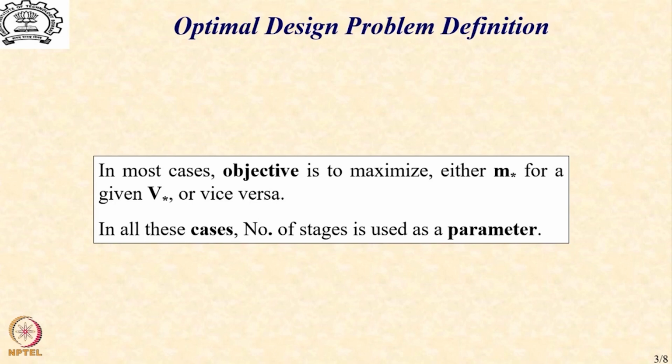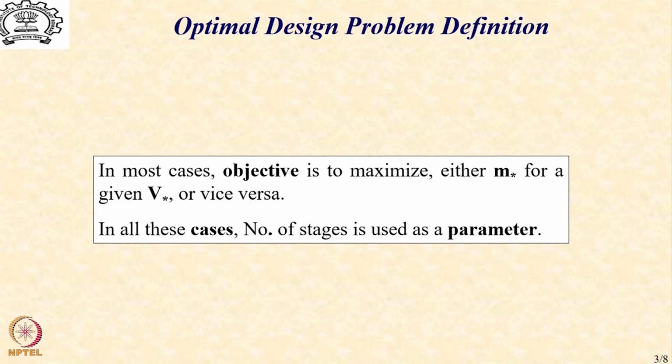So if you are getting a solution which is less than, let's say, 1.5, you might fix it to 1 and then look at an optimal solution. Or if you are getting n as 3 or 3.5, then you may say, okay, I'll put it equal to 4. So you realize that it's not a straightforward solution that we will have when we use n also as a design variable.